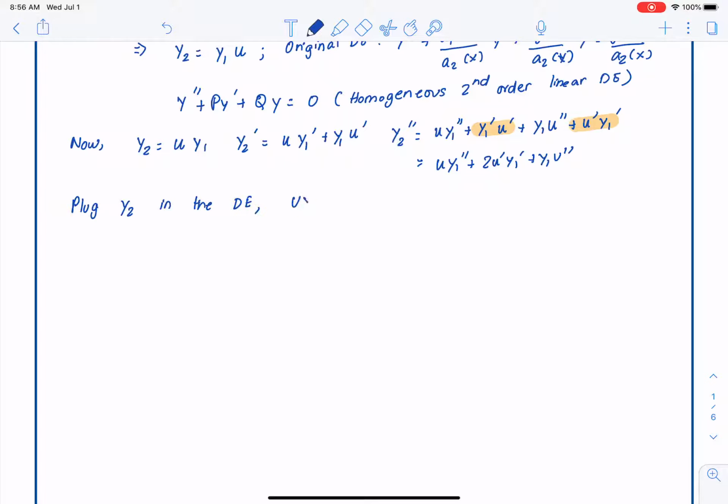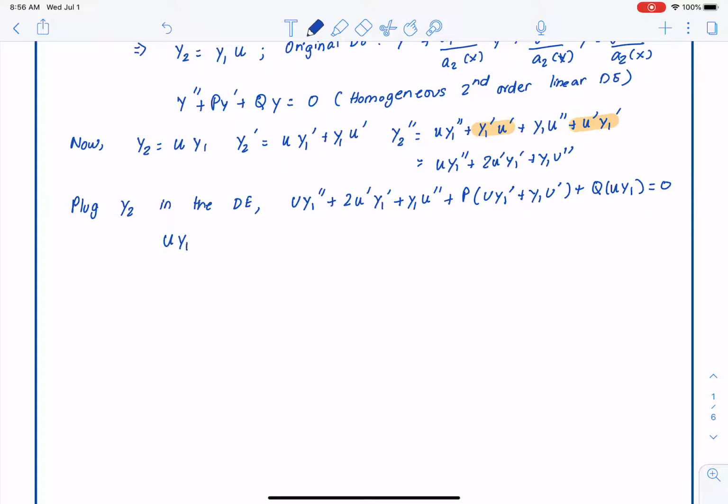So I'd have u y1 double prime plus 2u prime y1 prime plus y1 u double prime plus p times (u y1 prime plus y1 u prime) plus q times y, which is u times y1, equals 0.